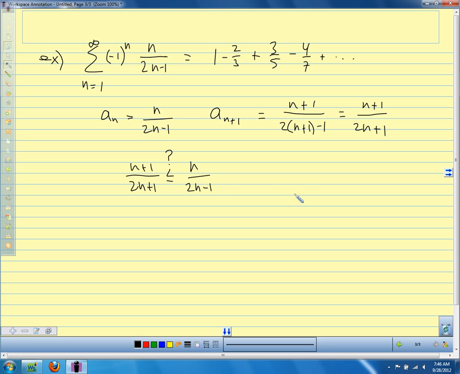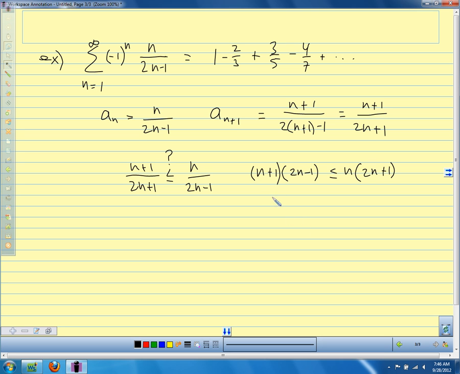So we're going to say, is n plus 1 times 2n minus 1 less than or equal to n times 2n plus 1? Still not entirely clear. So let's distribute here.